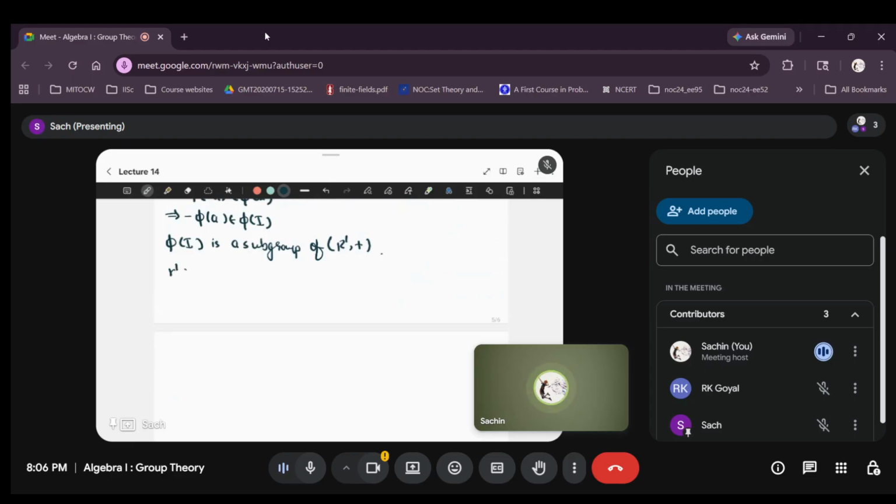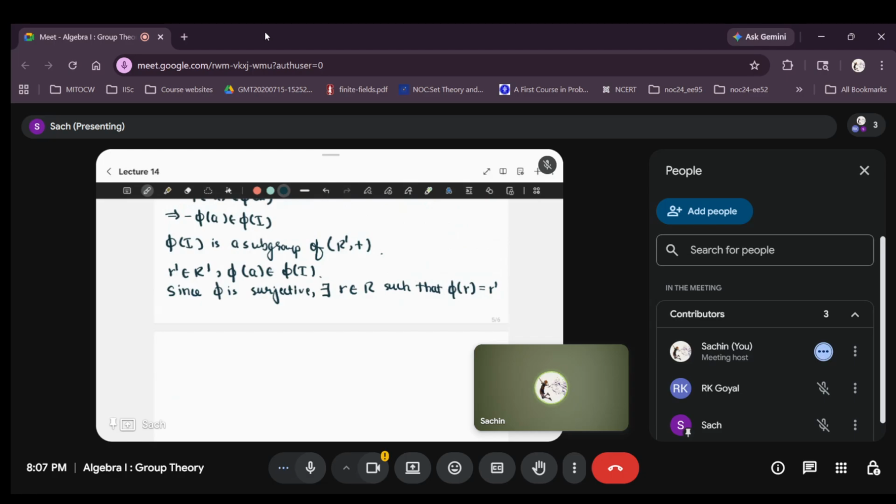Then suppose R prime is an element of capital R prime, and phi of A is in phi of I. Now the surjective part comes into the picture. Since phi is surjective, there exists some element r in R such that phi of r is equal to R prime.